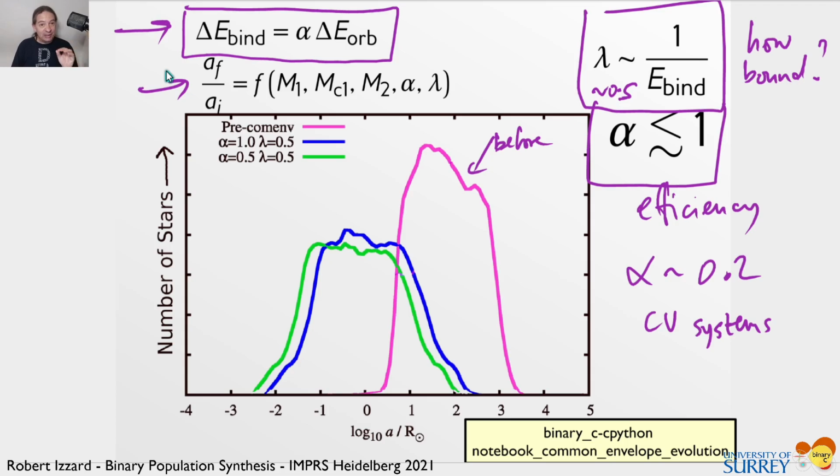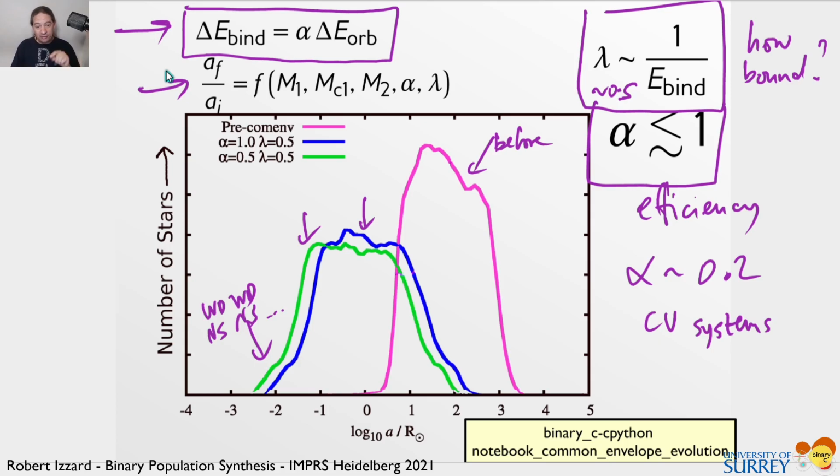This is at the moment they start Roche lobe overflow. And these are two curves here with different alpha parameters of how close the stars are. This is just the cores of the stars, of course, because the envelope itself is stripped. And you can see that if alpha is smaller, these stars tend to be a little bit closer together. So if you want close binaries, that's these ones down here. These would be your white dwarf, neutron star type binaries.